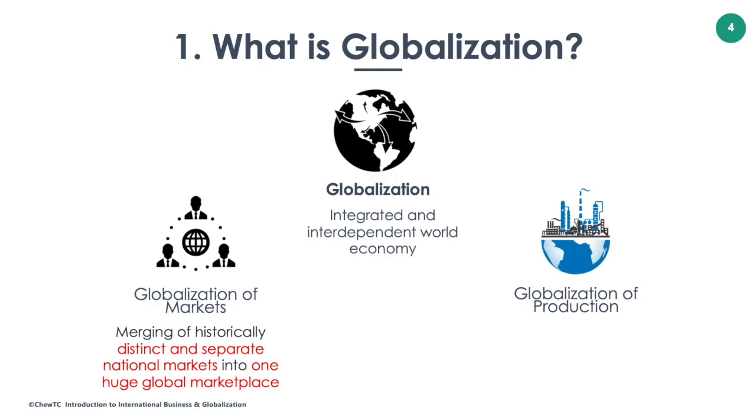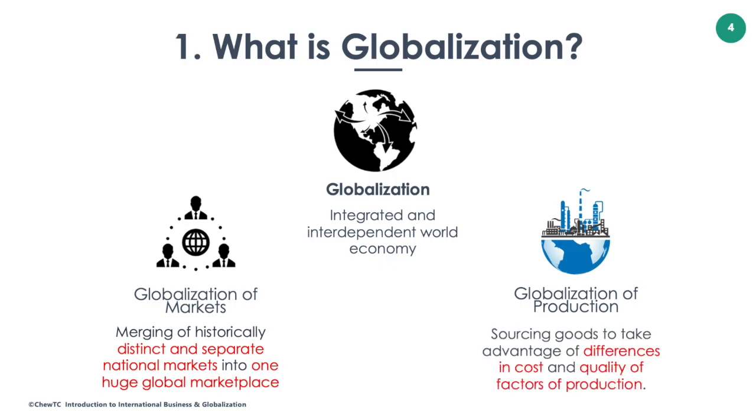On the other hand, globalization of production refers to sourcing of goods and services from locations around the globe in order to take advantage of national differences in terms of cost and quality of production. By doing this, companies hope to lower their overall cost structure.